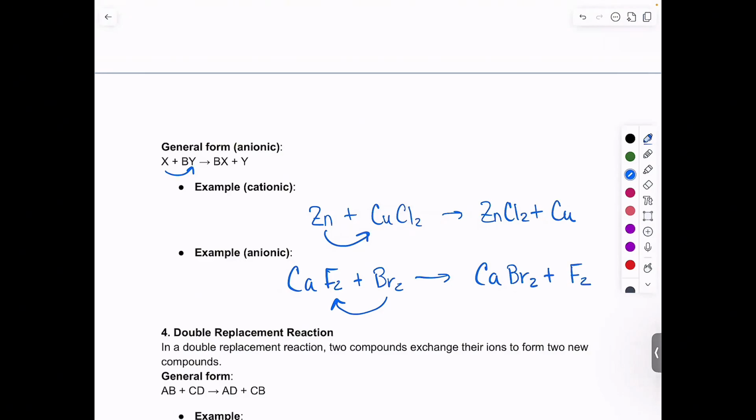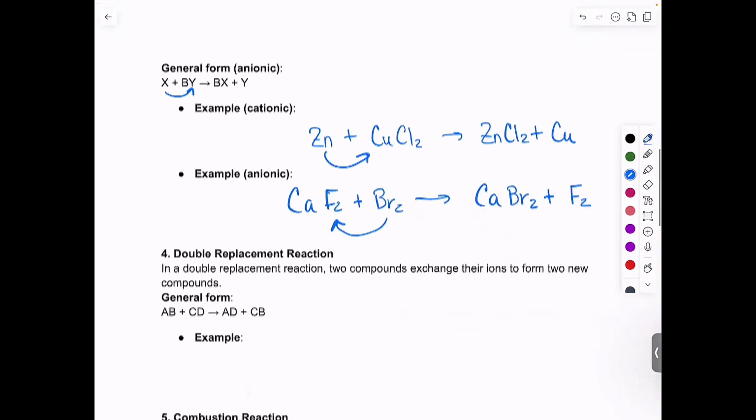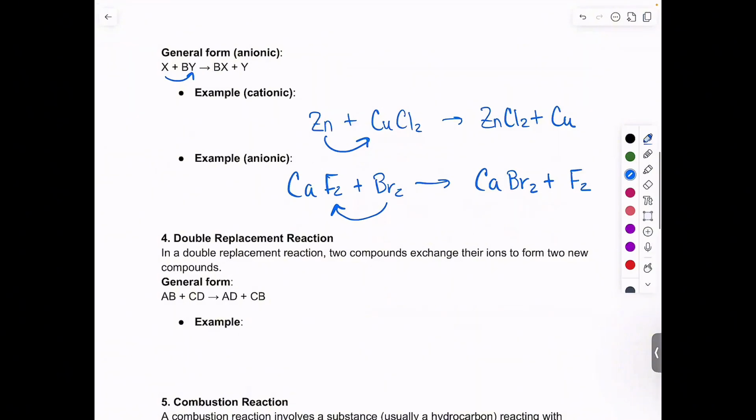Yes. So this would be your anionic example, where you're taking calcium fluoride, and then bromine comes in, displaces fluorine, or the fluoride anions, and you have calcium bromide plus the fluorine, most likely gas. So those are just generic examples of those types of displacements.